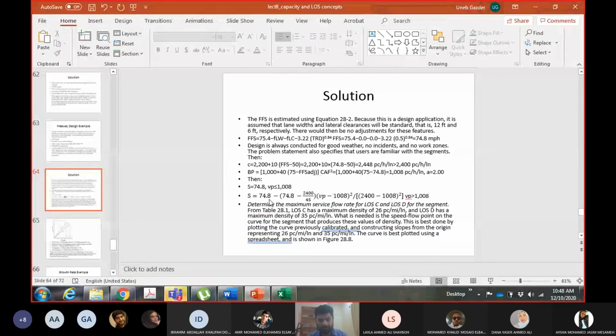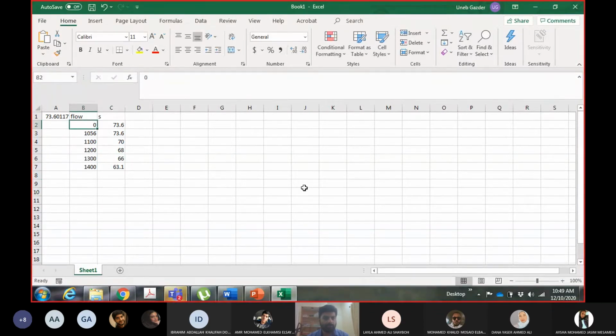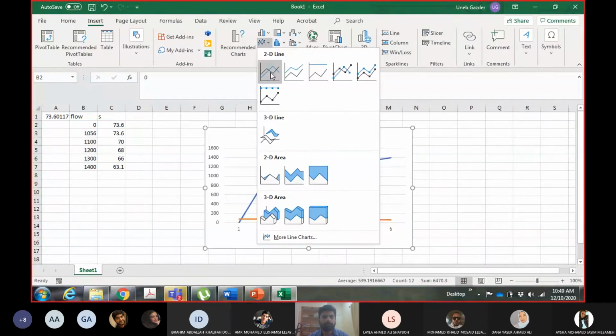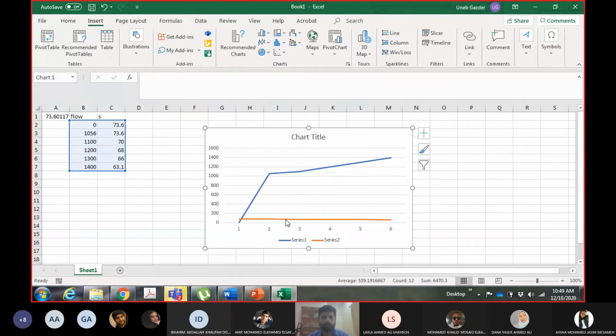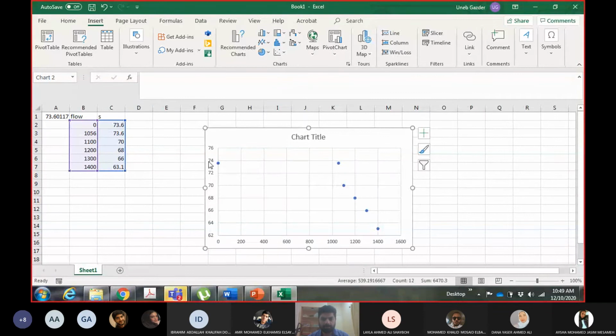For each flow, you will calculate the value. I'm just putting random numbers here, because we don't have the time to calculate. So 66 and let's say 63.1. Now, this is the straight line and then this is your other part.